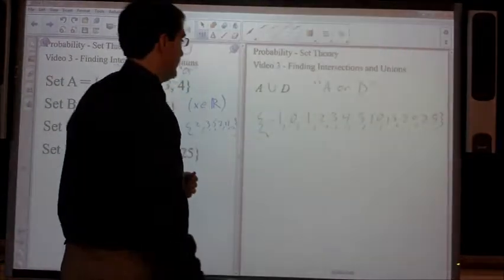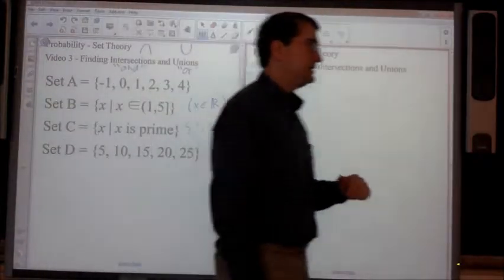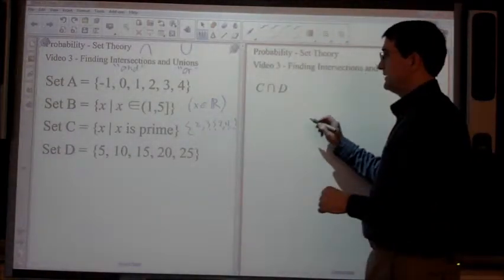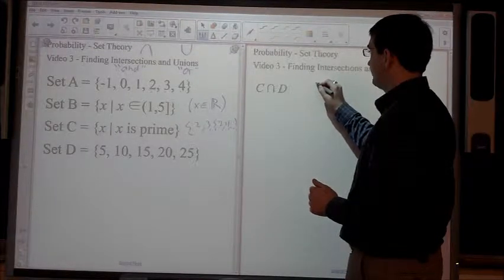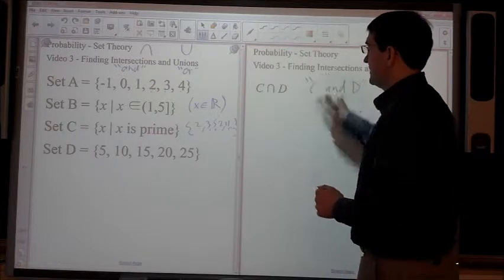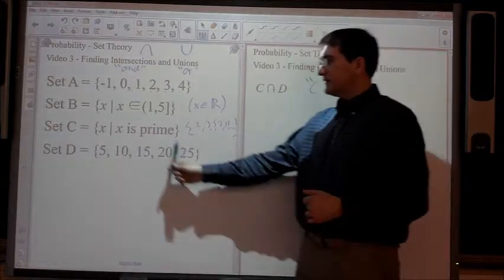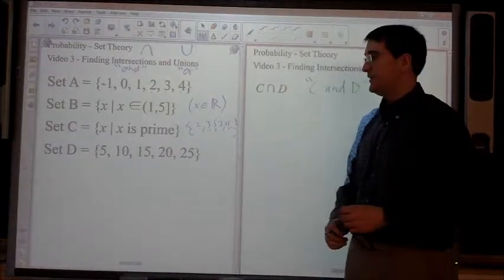Next question. C and D. We want the intersection of sets C and D. So C and D is how we would read this. Set C is the set of all prime numbers. This is infinitely big. There's no end to the number of prime numbers. Set D is obviously not.